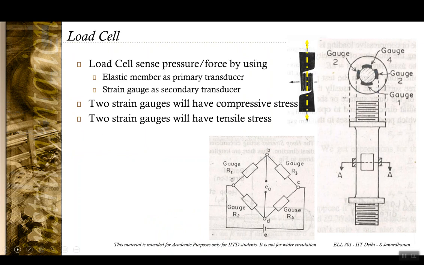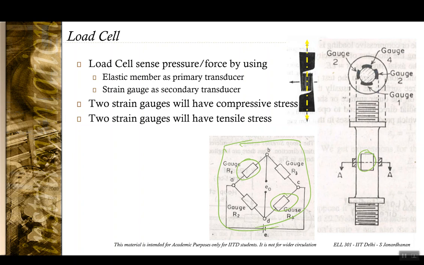Now we come to the load cell. The load cell also employs a full bridge circuit, and again you have gauges R1 and R4 being mounted.